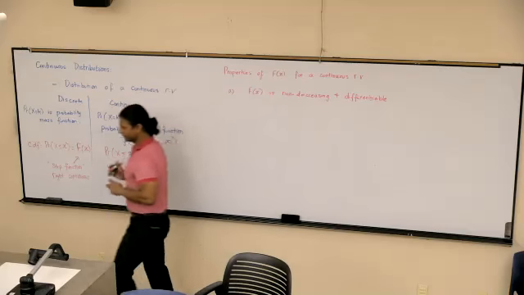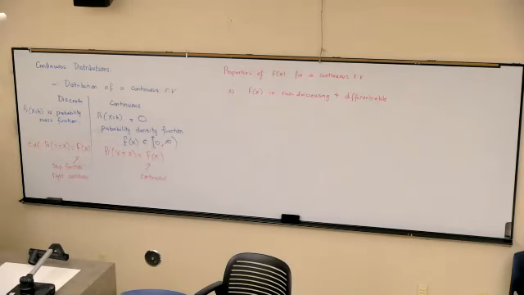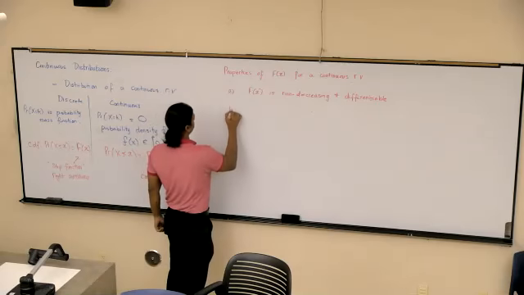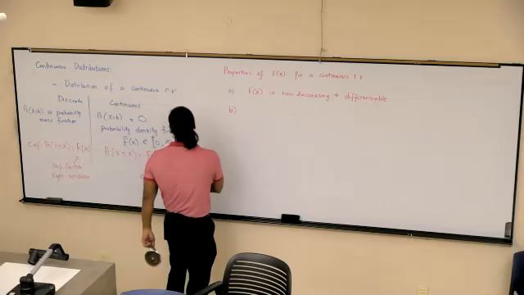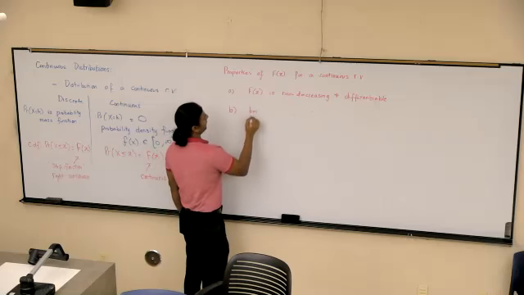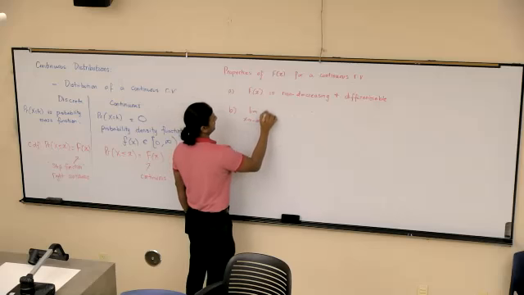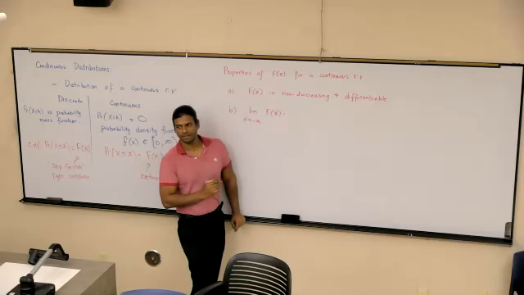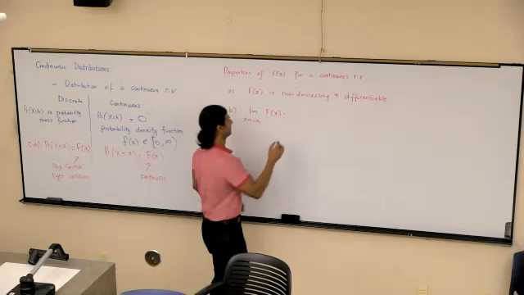It is non-decreasing and differentiable, yes. So could you say that the continuous CDF is sort of like the limit as the size of the step goes to 0? Yes. What else do we have? Limit as x approaches negative infinity, F of x is 0.